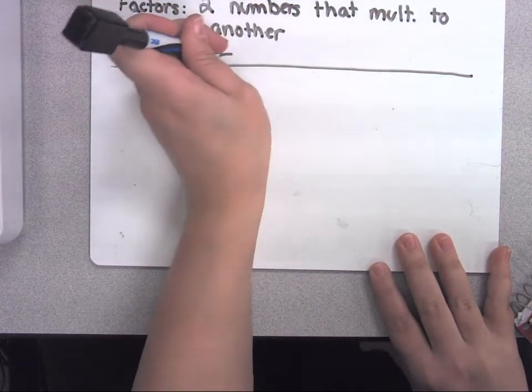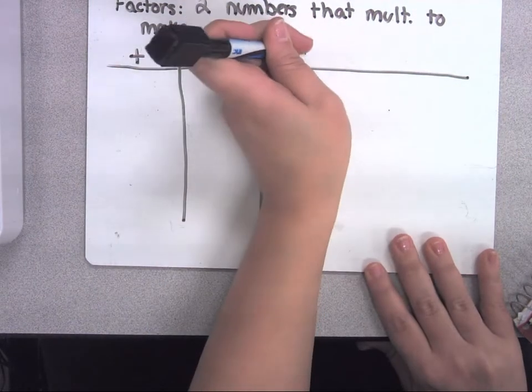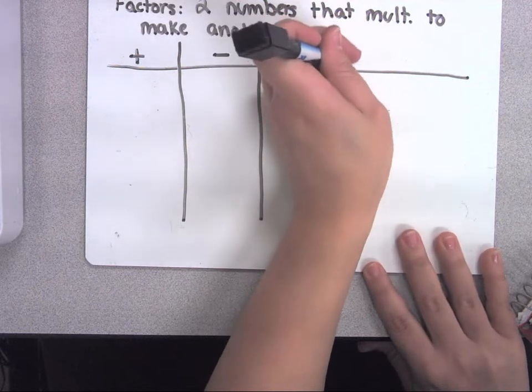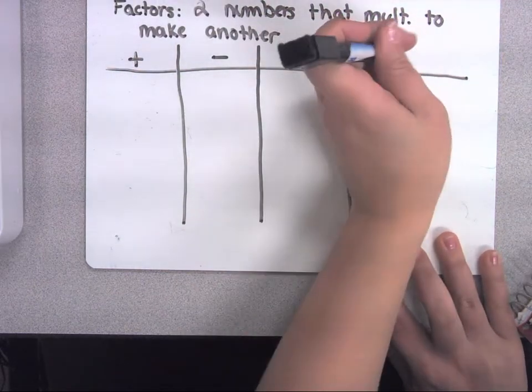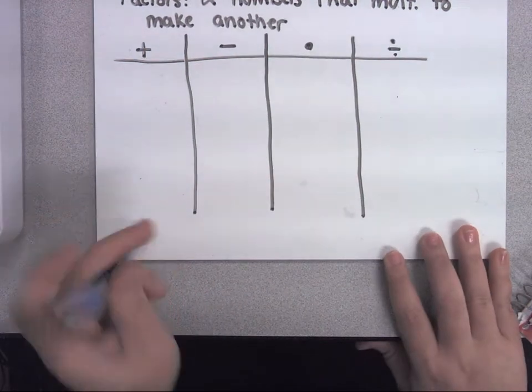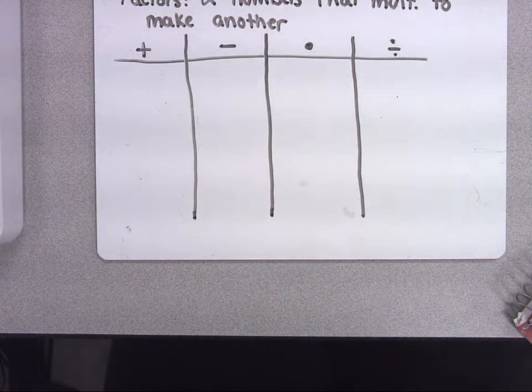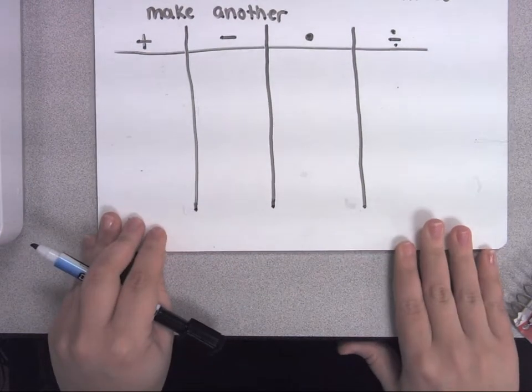I'll put subtraction next, and I'll put a dot for multiplication because we don't use the X for times anymore. And then I'll put the division sign. We use all four. I'll make a list of all the words that really mean those operations, and we'll go through them.